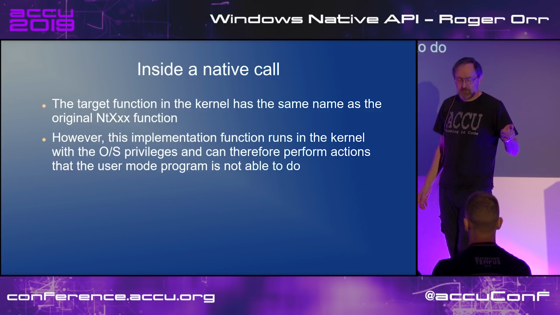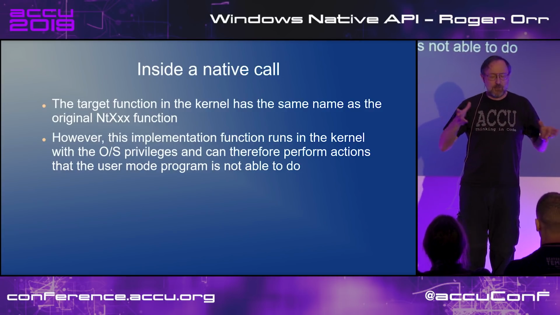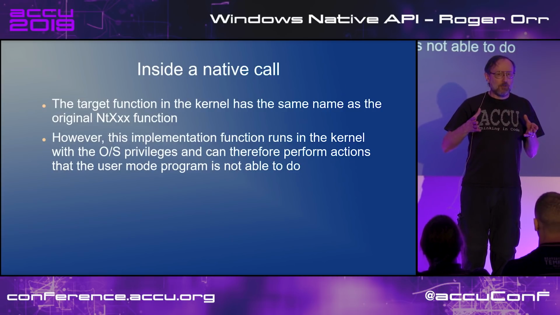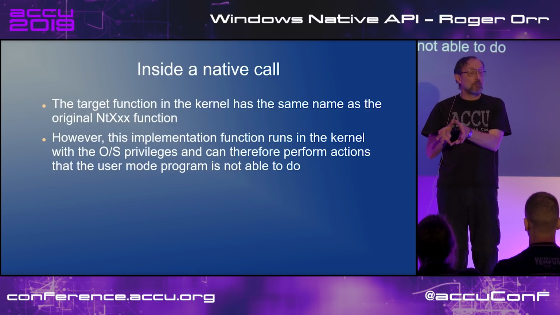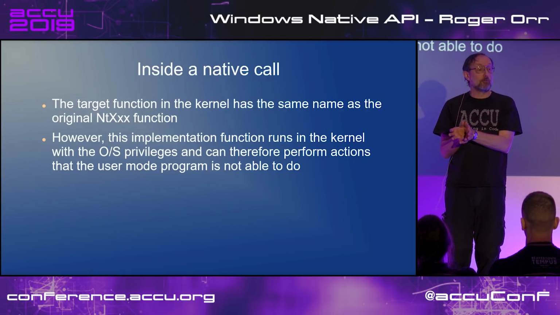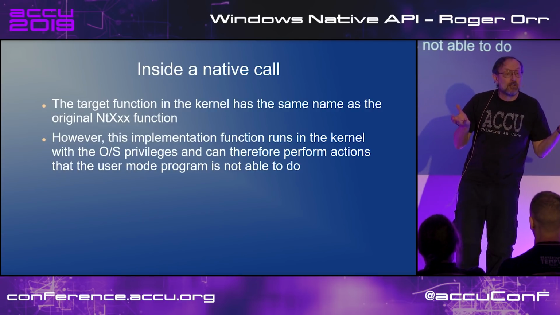But the target function in the kernel, it's in trusted mode. You're in the kernel. You can do what you like. So the raw lower level implementation in the kernel doesn't need to do any validation because it assumes you got it right. Or else you like blue screens. I mean, it's your call, really.